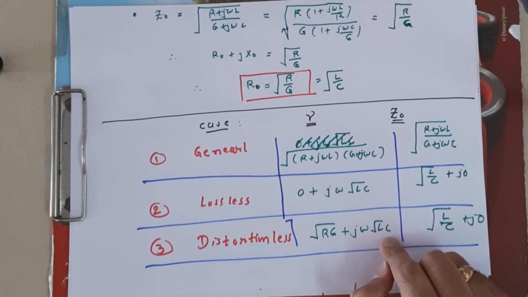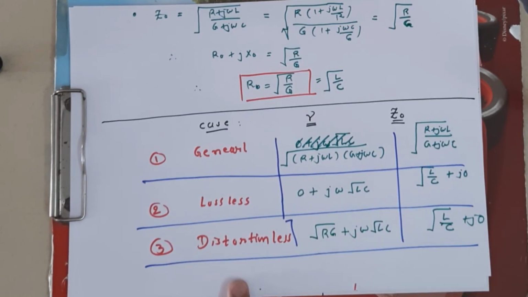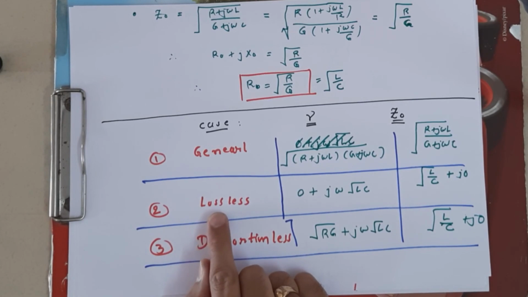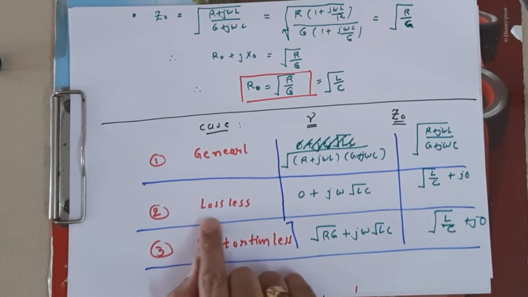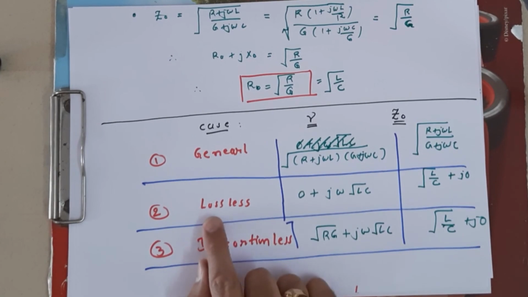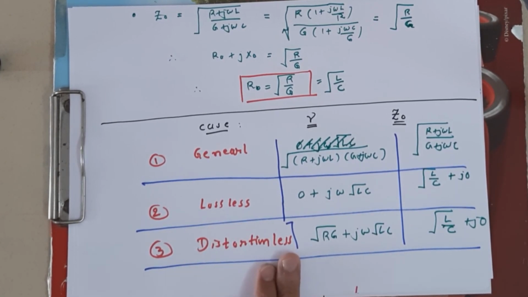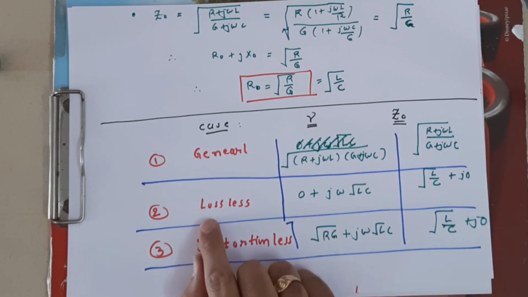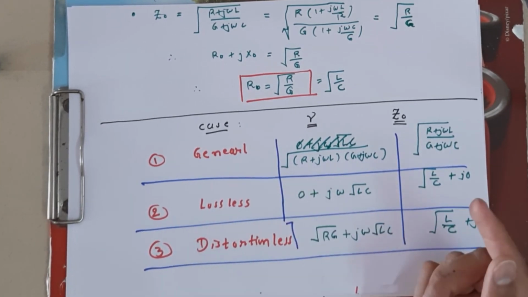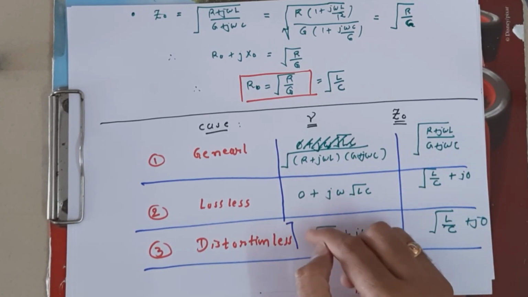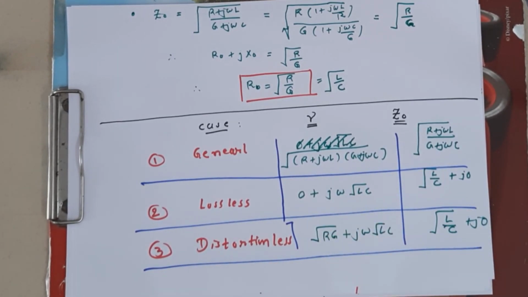So our final conclusion is that a lossless line may be a distortionless line, but a distortionless line may not be a lossless line, because here the value of alpha is 0 and here the value of alpha is under root of R into G.